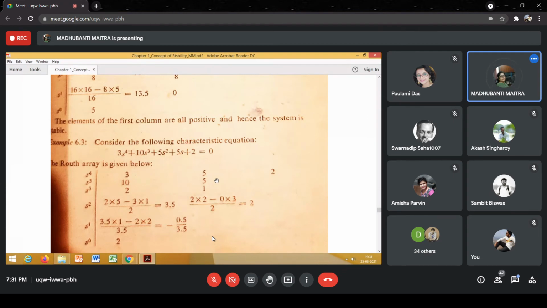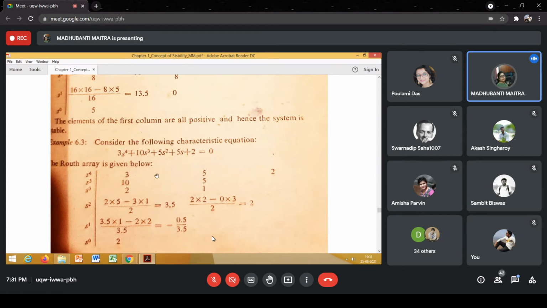They have divided these elements by 5, and hence they have rewritten the s cube row with new elements, which are 2 and 1. This is optional, and can be done to simplify our computation.